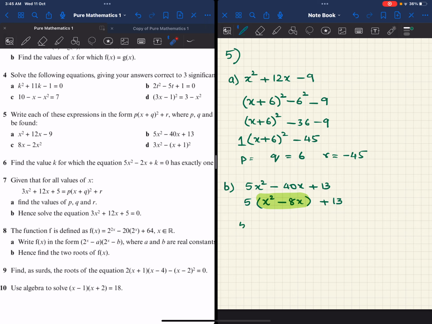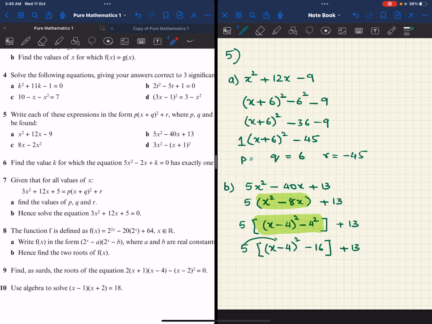So 5 into (x − 4)². Subtract the square of 4 outside, complete the bracket, plus 13. So this entire bracket is equal to the bracket above. Now we can just simplify the bracket: (x − 4)² − 16 + 13.